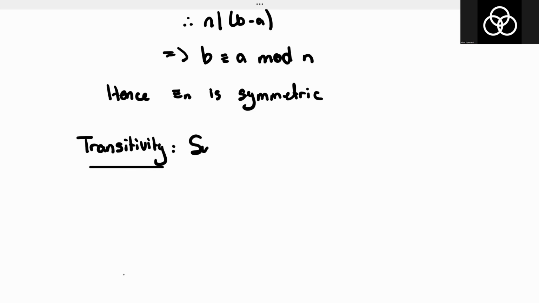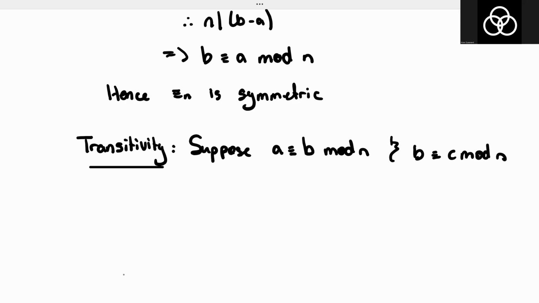Right, so suppose A is congruent to B mod n and B is congruent to C mod n. What happens here? Then by definition, n divides A minus B, and we could write that as A minus B is n times some integer k.